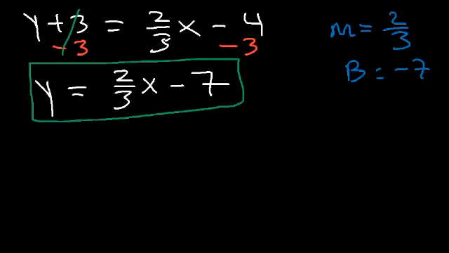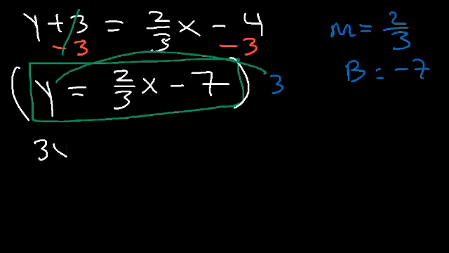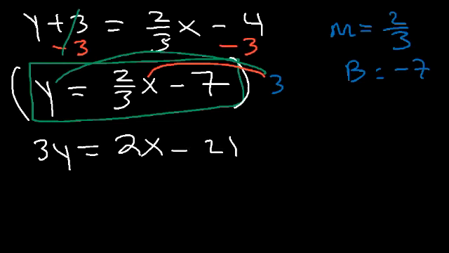So first, let's get rid of the fraction. Let's multiply both sides by 3. So 3 times y is 3y. 3 times 2/3 x, the 3's cancel, and you're left over with 2x. And then 3 times 7 is 21.